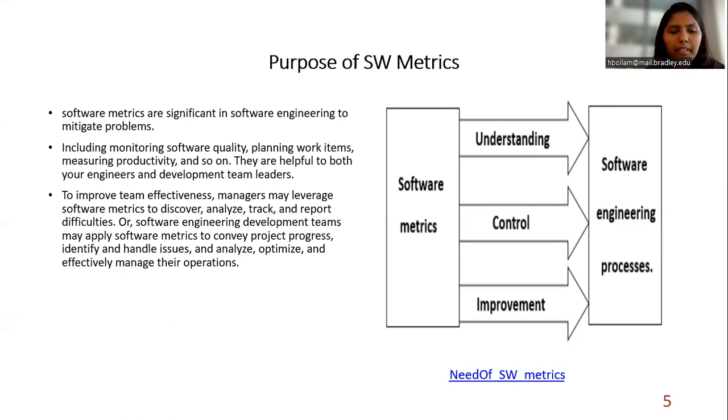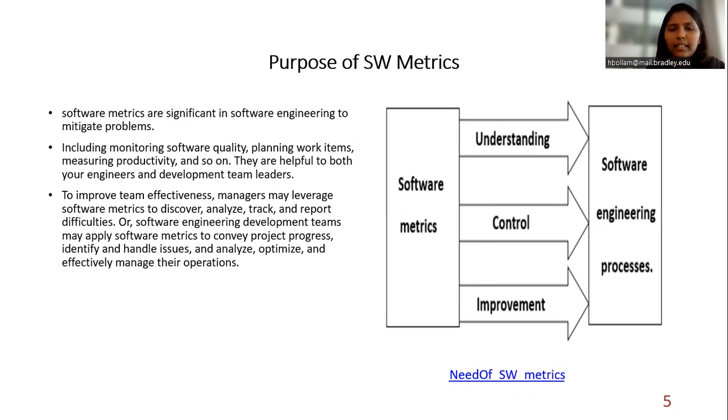These software metrics improve our process by modifying activities based on different measures. On the right side, we can see a diagram showing understanding, control, and improvement in between the software metrics and the final end product.